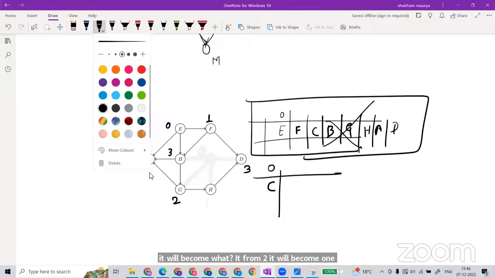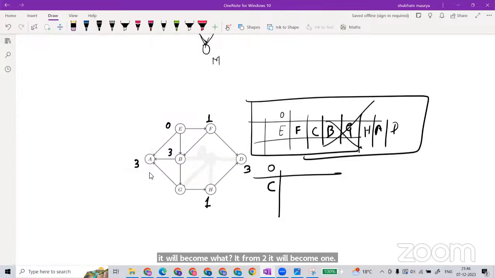From 2 it will become 1. And this is from 3 it will become 2, as 1 edge is removed from this. And also from 3 it will become 2. In degree is 2 now. Okay, I removed C.